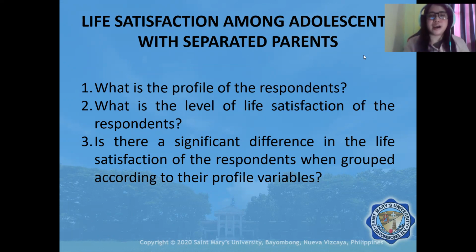We actually have a question on the profile: what is the profile of the respondents in terms of letter A, age, letter B, sex, letter C, relationship status, and letter D is the socioeconomic status. While for number 2, the question is what is the level of life satisfaction of the respondents?